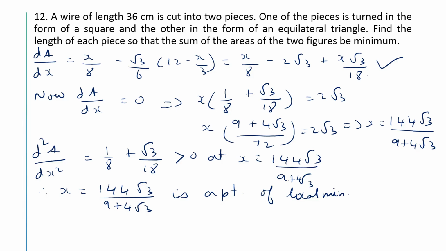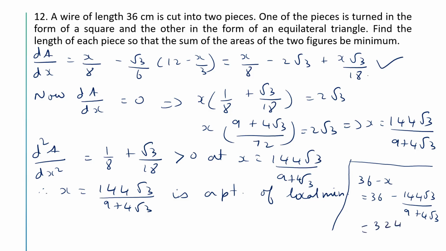So one length is x and the other length is 36 minus x. So let us find 36 minus x. It is equal to 36 minus 144 root 3 by 9 plus 4 root 3. So it is 324 divided by 9 plus 4 root 3.